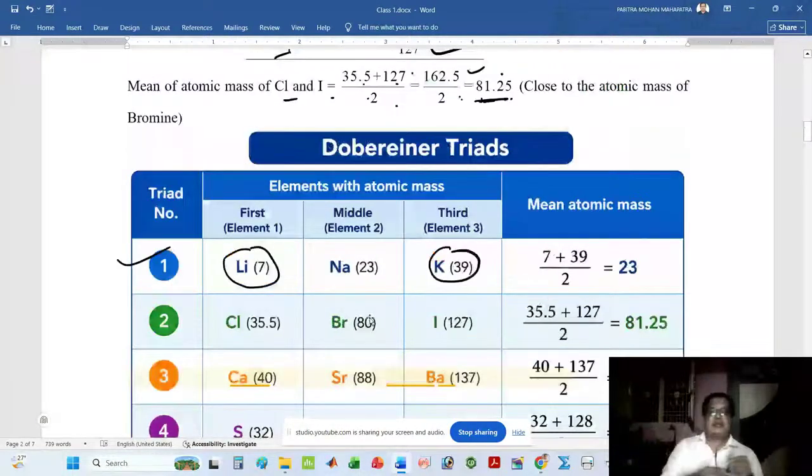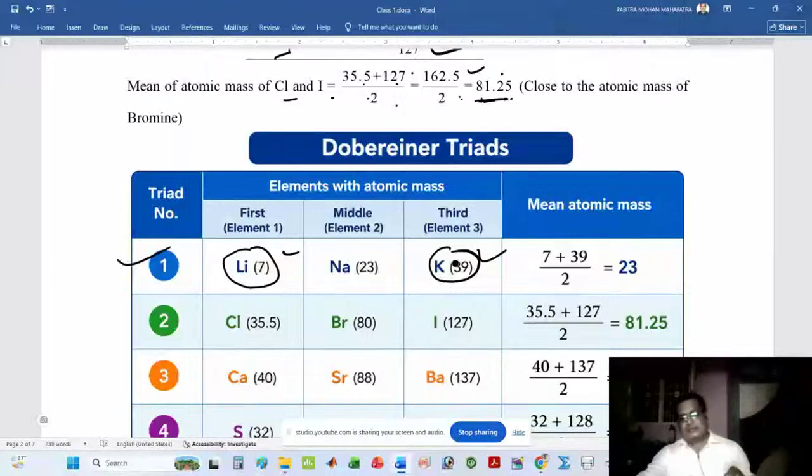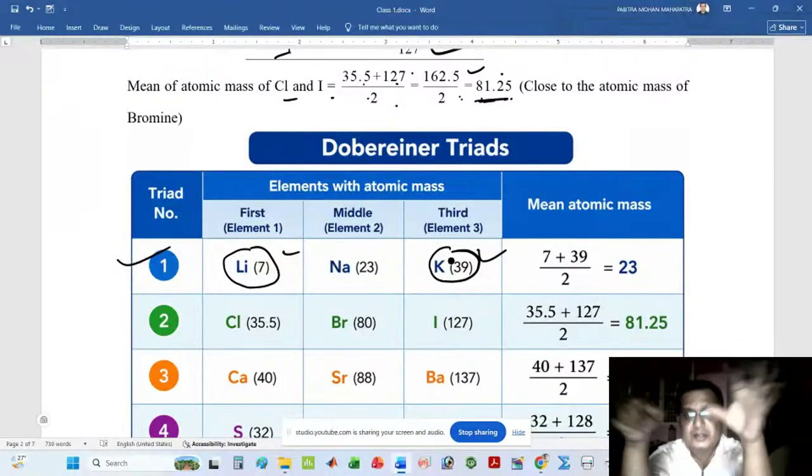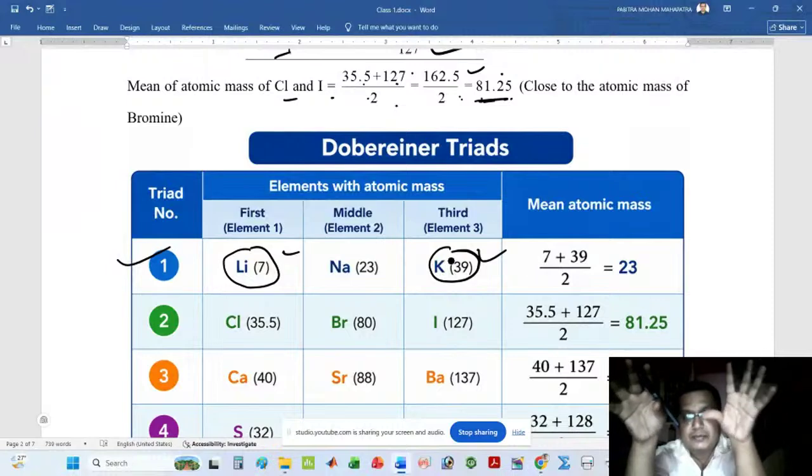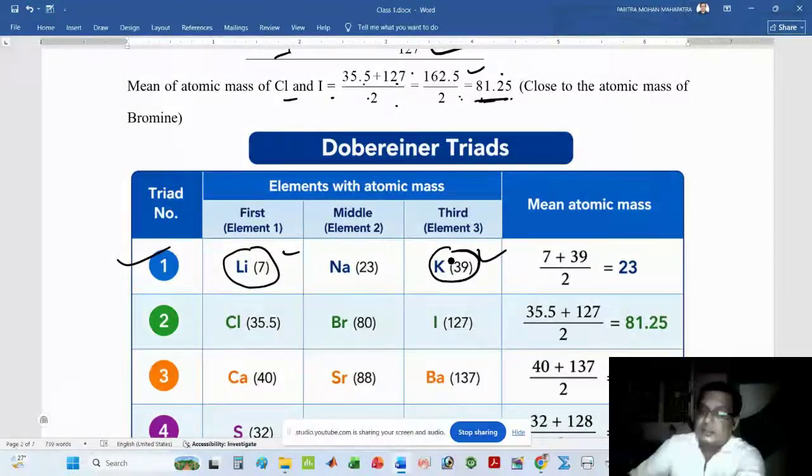Let me explain another point. What may be the physical property or chemical property about the third element, potassium? Listen carefully. The property of sodium must be in between the property of lithium and potassium.